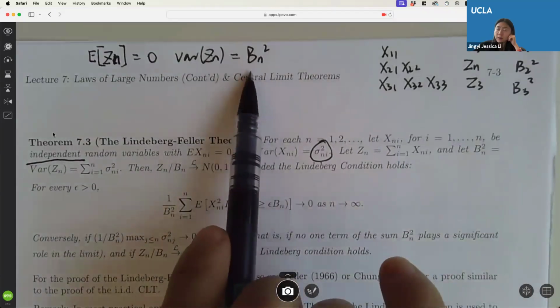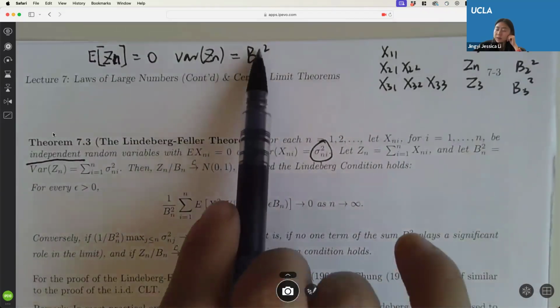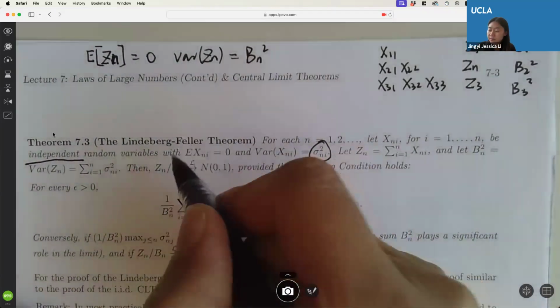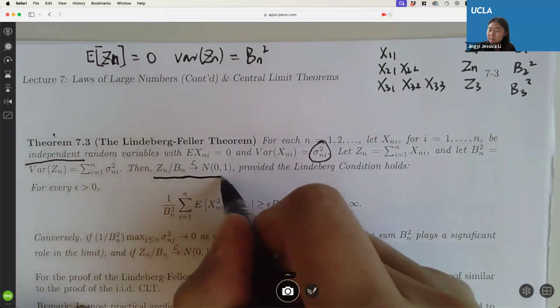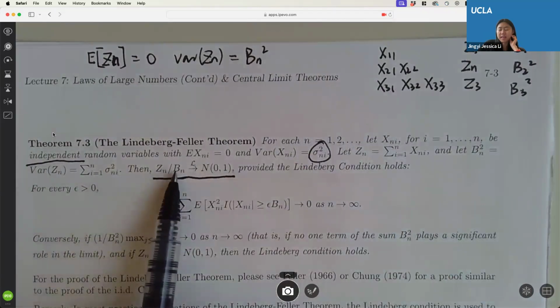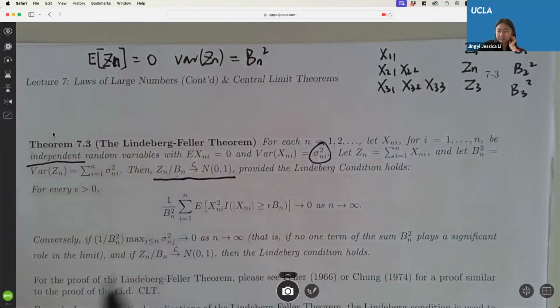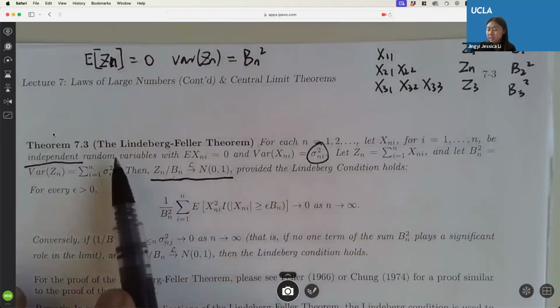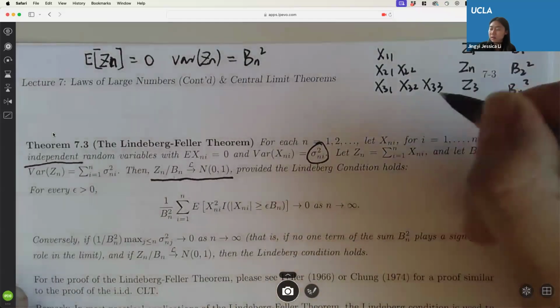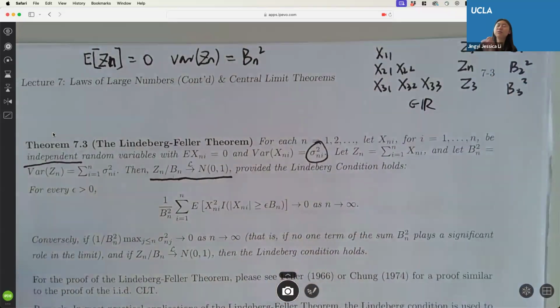Bn is the square root of Bn squared, so Bn squared is the variance and Bn is the standard deviation. So we have Zn divided by standard deviation, and we can show that as n goes to infinity, this standardized Zn goes to standard normal. Please note that here, these are all scalar values, not vector values.